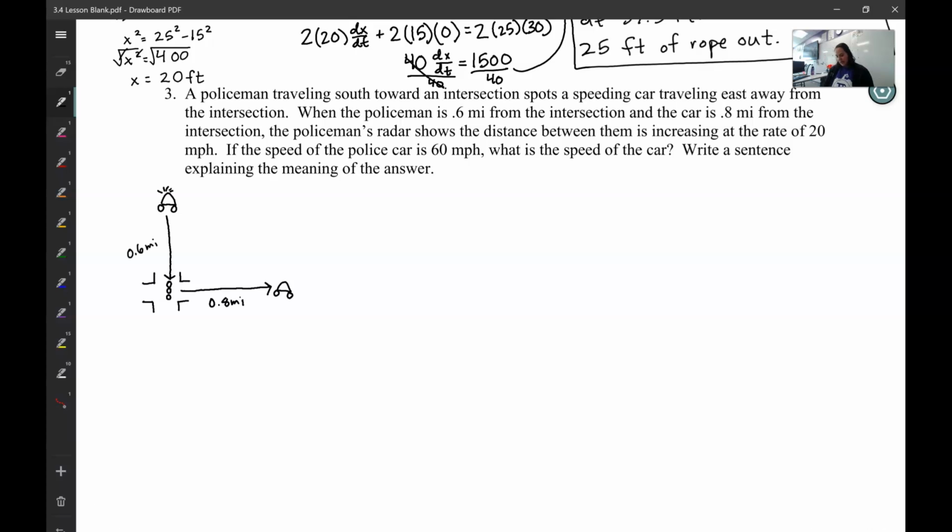The policeman's radar shows the distance between them is increasing at a rate, which should immediately tell you derivative, of 20 miles per hour.